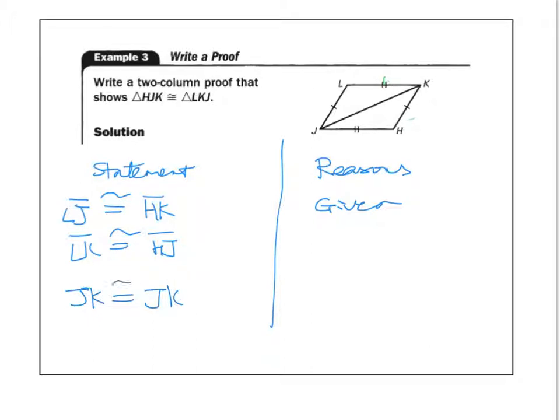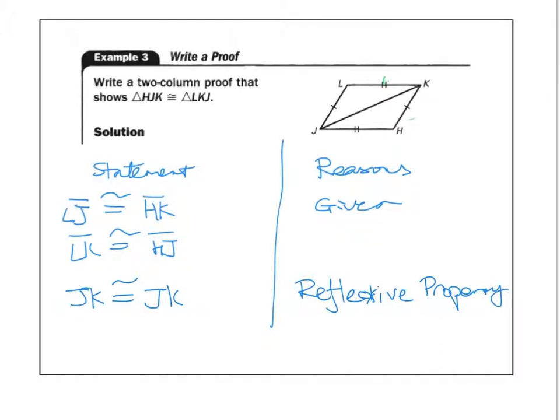And JK obviously is congruent to itself. And this is called the reflexive property of congruence.